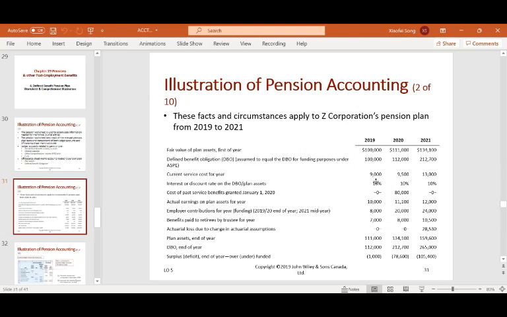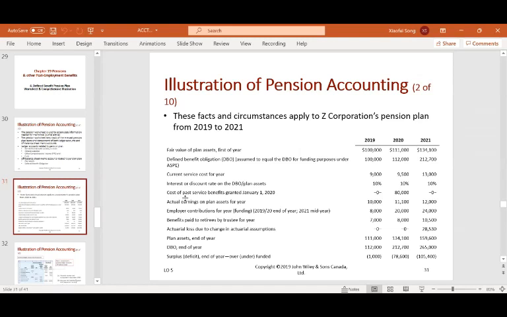So we only have one rate now. And because it's one rate, sometimes they call it net interest. The liability minus assets is the net obligation, and that's net interest. So that's 10% for all 3 years. And remember, this is the rate for interest, and this is also the rate for expected return.